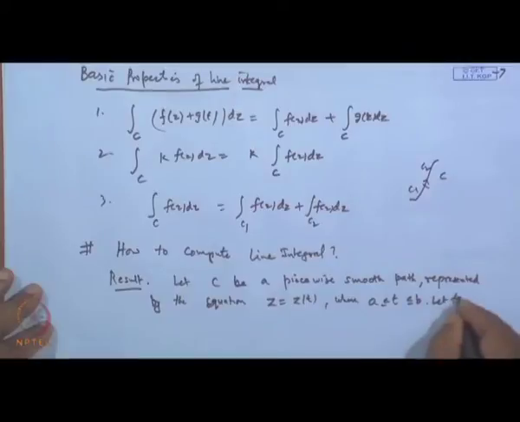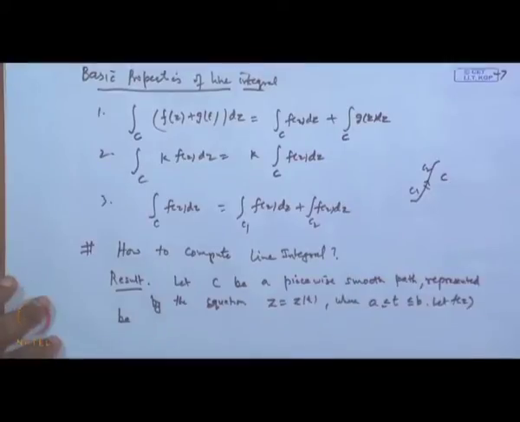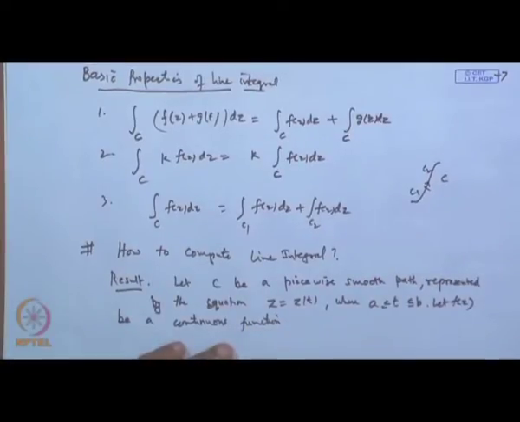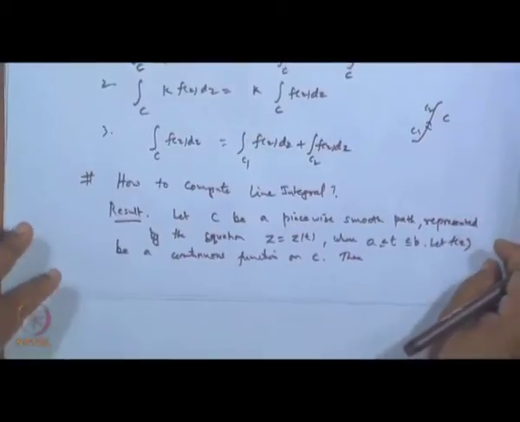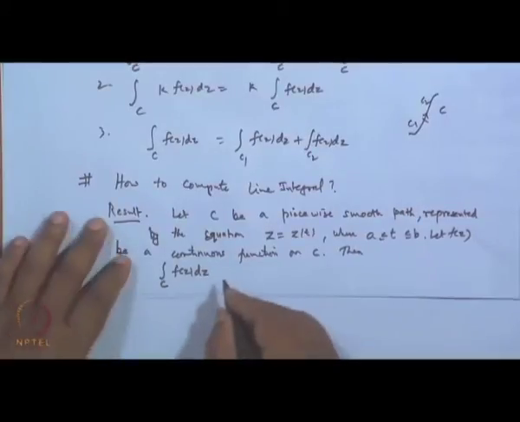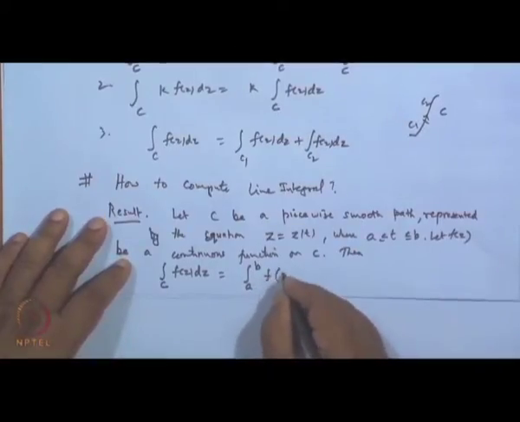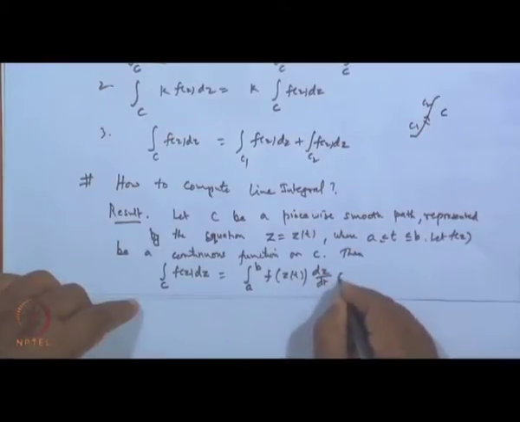Let f(z) be a continuous function on the curve C. Then the result says the line integral of f(z) dz along the path C is nothing but the definite integral from A to B of f(z(t)) times dz/dt times dt.